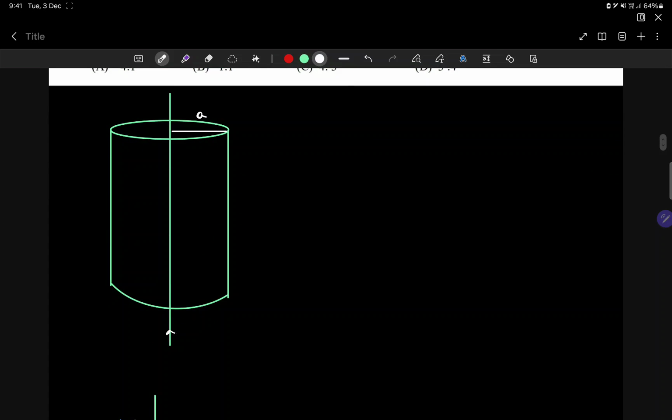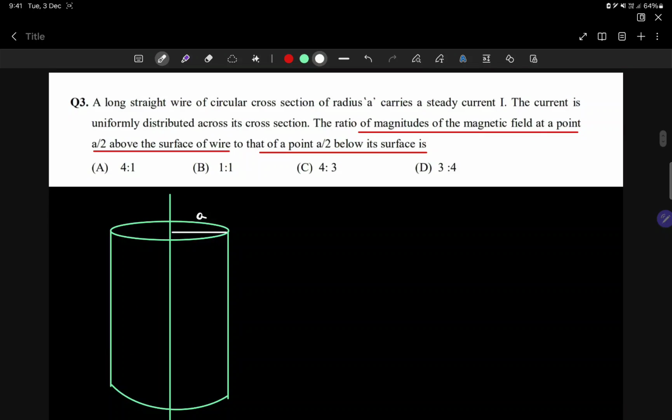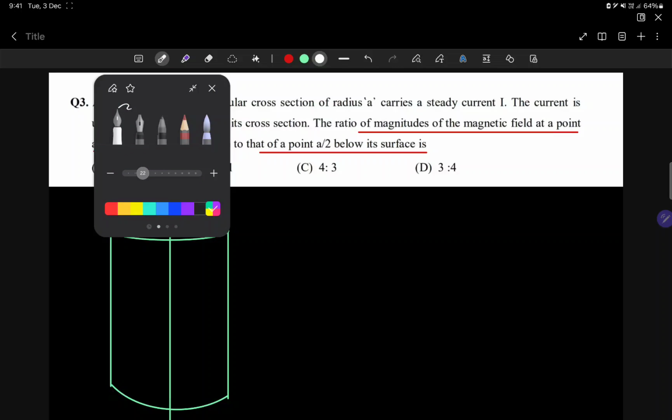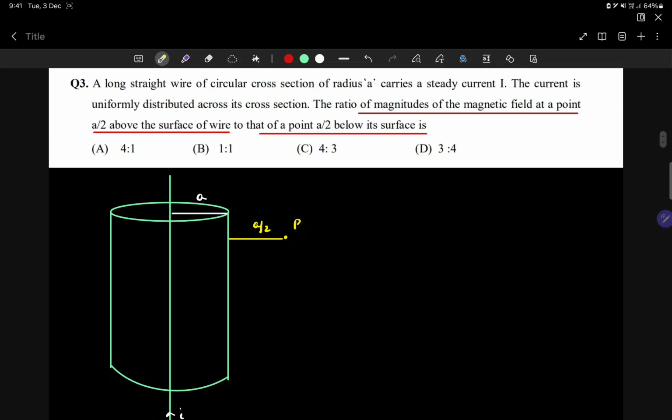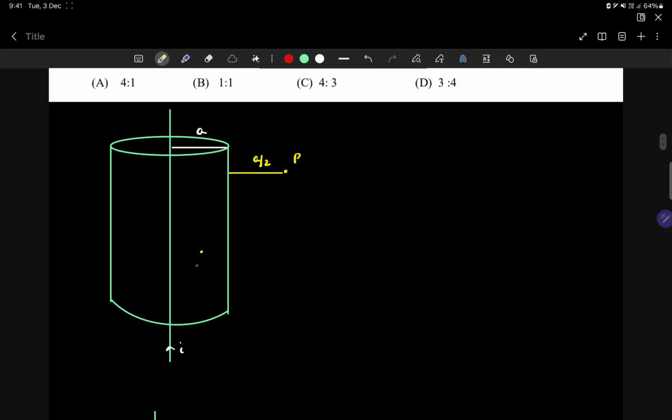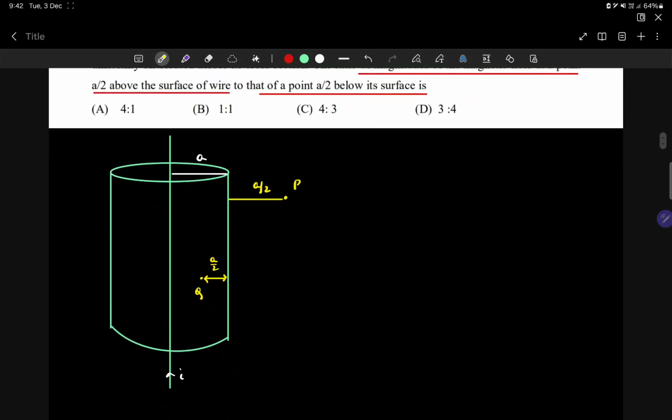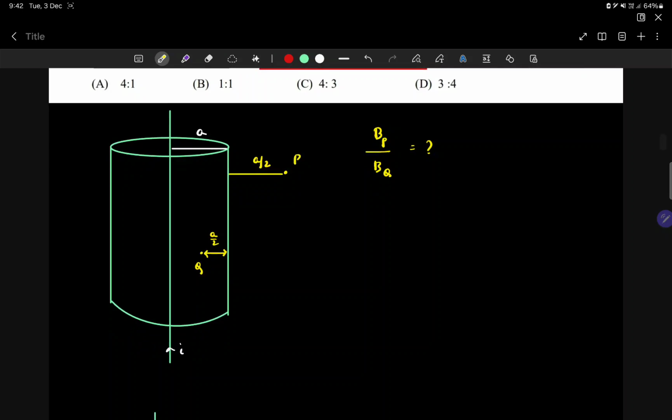The question asks for the ratio of magnitudes of the magnetic field at a point a by 2 above the surface of the wire and another point a by 2 below its surface. Let P be a point at a distance a by 2 above the surface of the wire, and Q be a point at a distance a by 2 below its surface. So you have to find the ratio, that means B at P divided by B at Q is required.